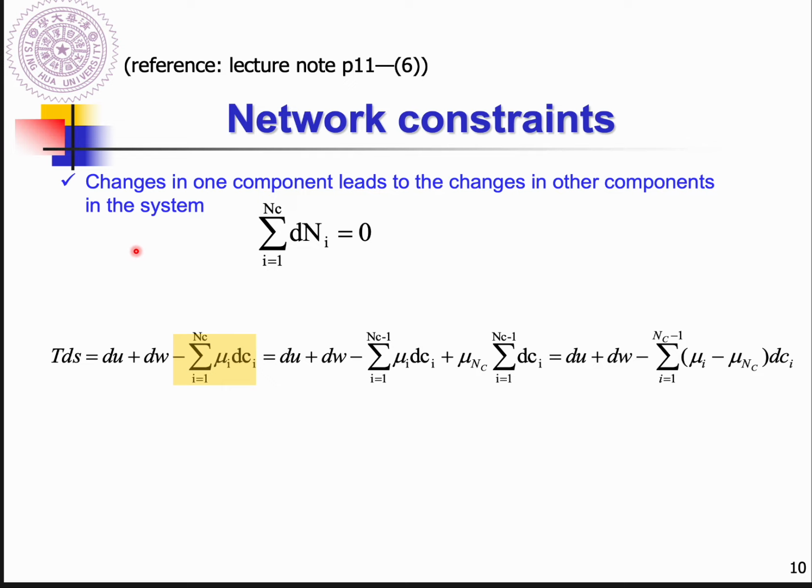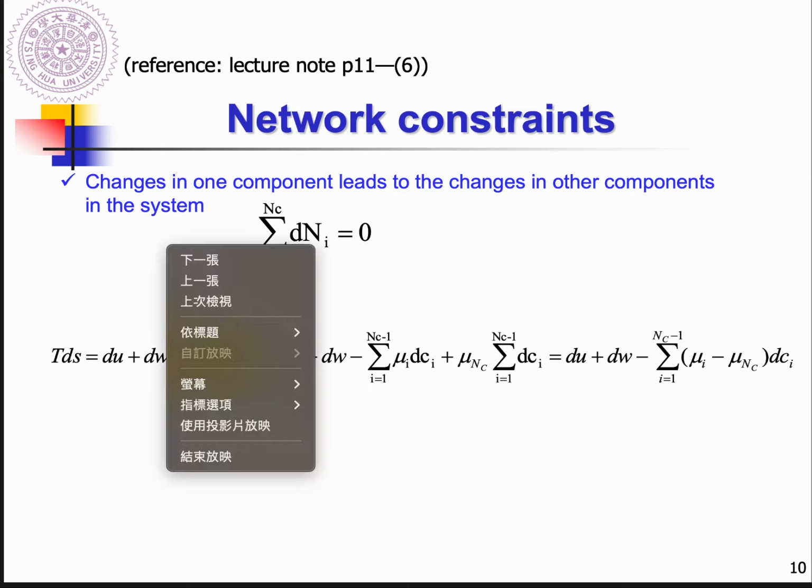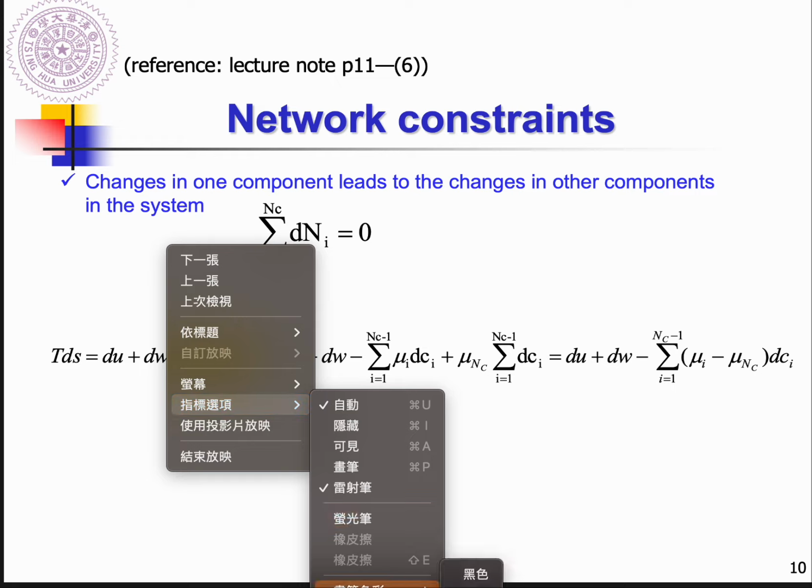Because if one component loses 5, then this 5 will move to another component. So you have minus 5 and plus 5, which equals 0. Let me give another example here.